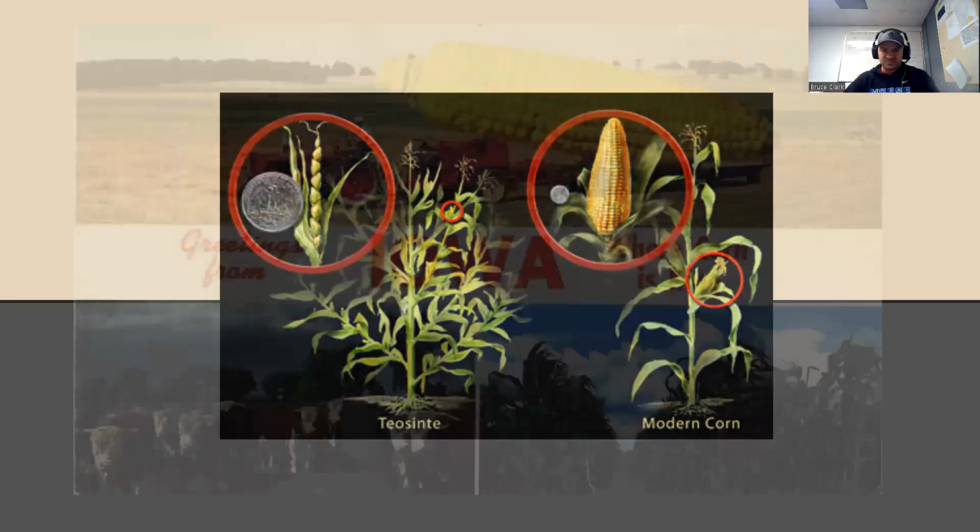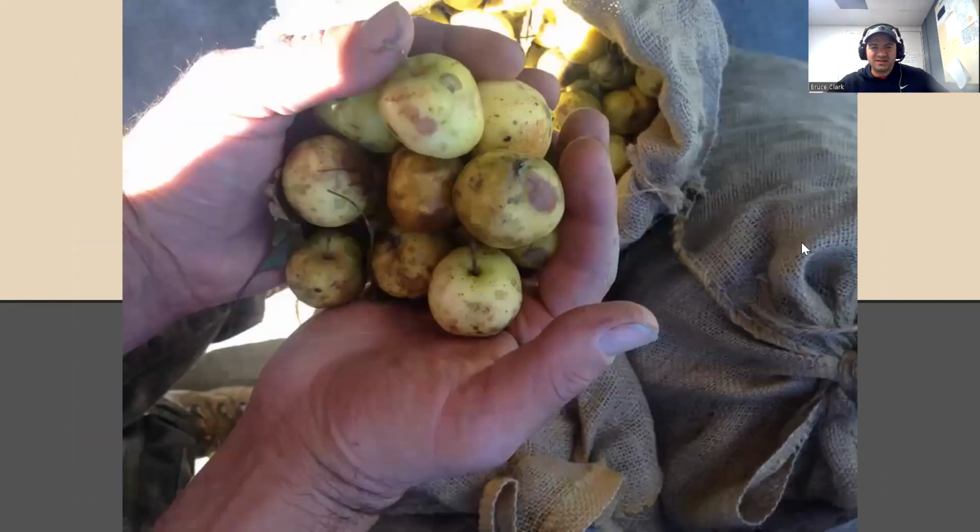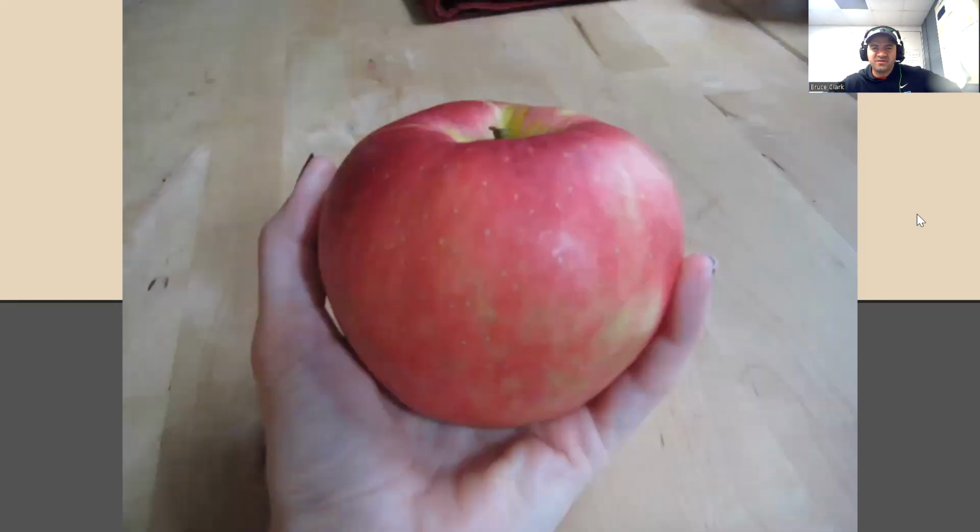With plants in particular, here's a look at apples. That is what a natural apple would look like. So that is a non-manipulated apple. You can see it's small, it's maybe a little bit misshapen. It would be almost tart in flavor.